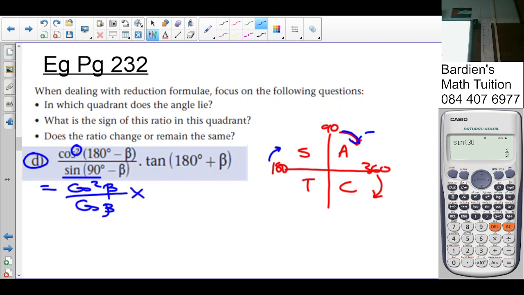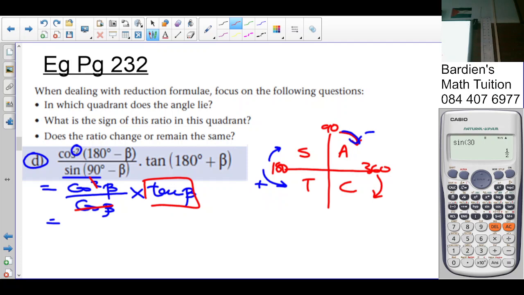Times 180 plus, which quadrant is that in? Third quadrant. Is that positive or negative? Positive. Tan beta. So what do we do now? Tan can be changed to sine over cos, and this cos cancels one of those cos.